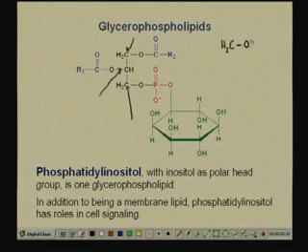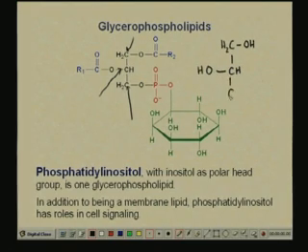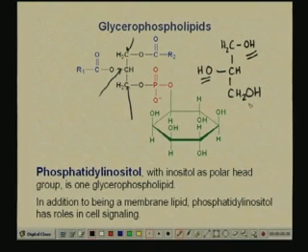CH2OH, then we had CHOH, and again we had CH2OH. This has been esterified, this has been esterified. So, we have long chains here, and in this case we have it esterified with the phosphate.